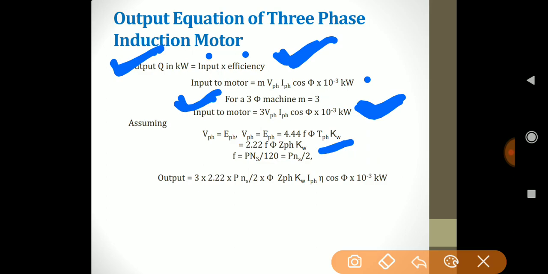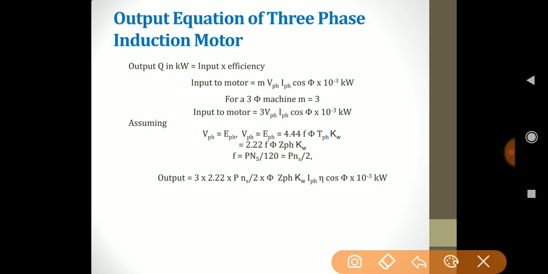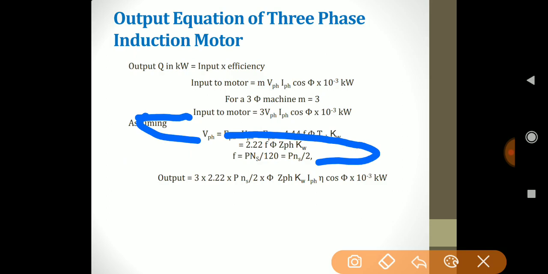In this formula of input, the VPH value is calculated here with the help of this formula. So I need to put first of all the value of VPH in the formula of input, and then the value of input into the formula of output. Likewise the sequence goes. I am going to put the value of frequency into the value of VPH, the value of VPH into the value of input, and the value of input into the value of output.